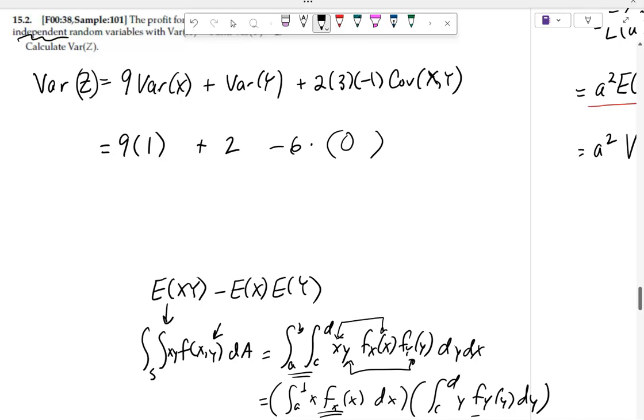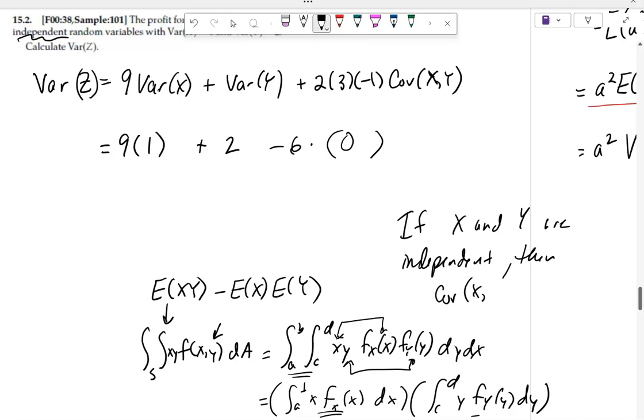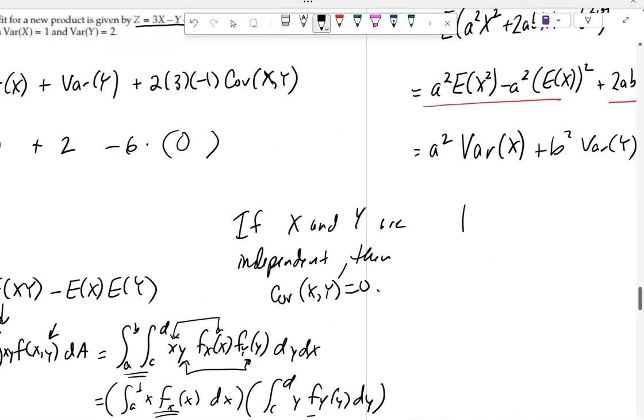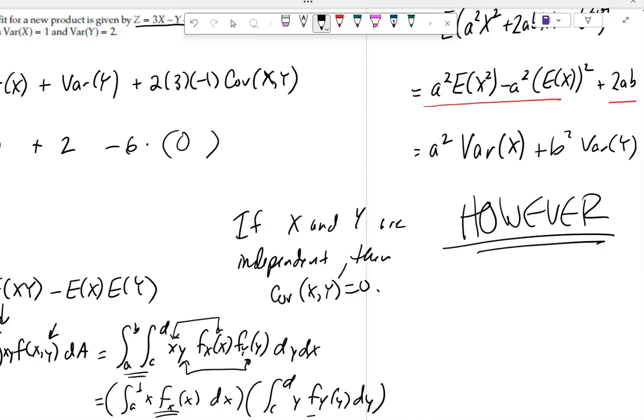Okay, so this is important. If x and y are independent, then the covariance is 0. But the covariance being 0 does not imply that they're independent.